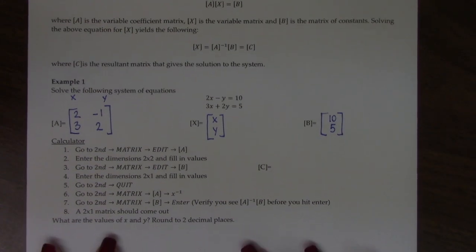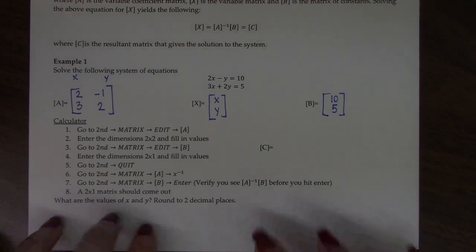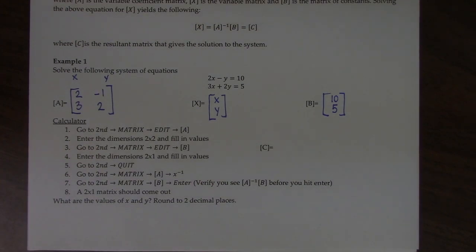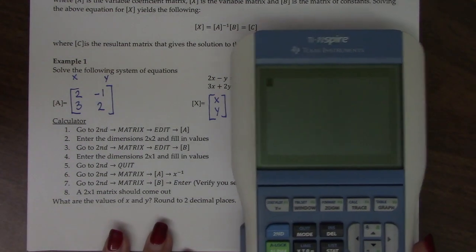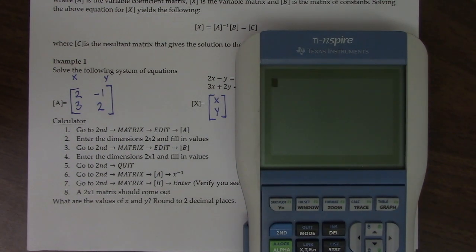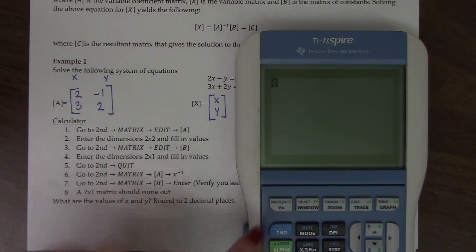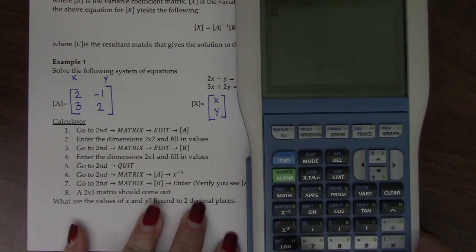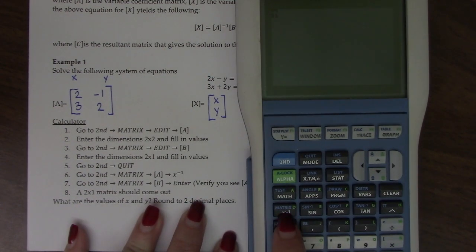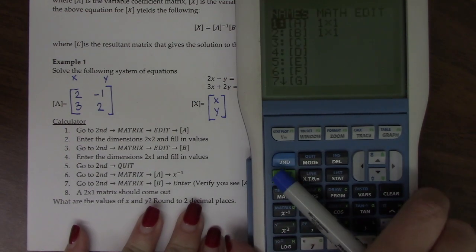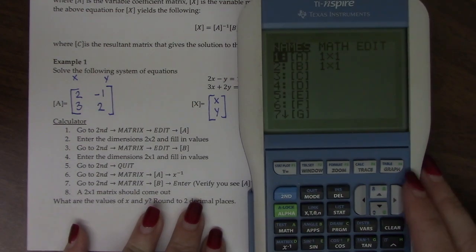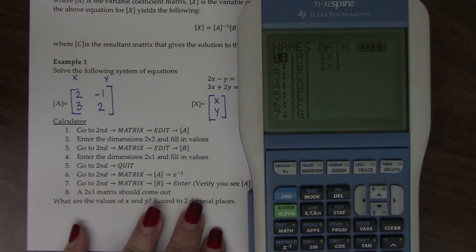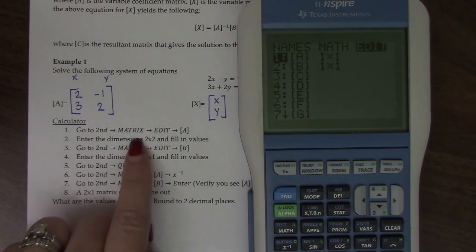Now if I actually want to solve this system of equations, I've got the instructions laid out here on the calculator, but I'm going to walk you through it. I go to second matrix; on your calculator, matrix is right above the x to the -1 button. I go over to edit, just like we would in lists, because we want to edit the matrix.